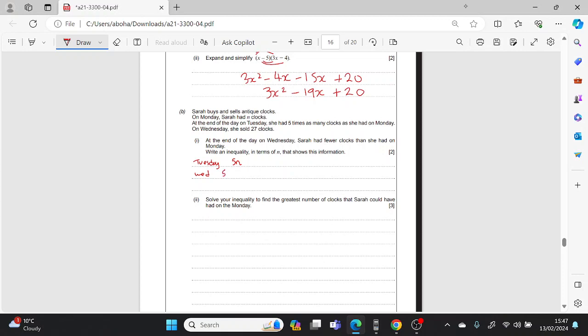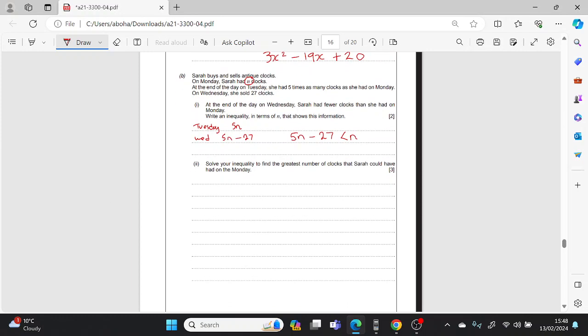So it's going to be 5N minus 27. And then this is the critical statement: at the end of the day on Wednesday, she had fewer clocks than she had on Monday. So on Monday, she had N clocks. So it's 5N minus 27 is less than N. And that's the inequality that they require.